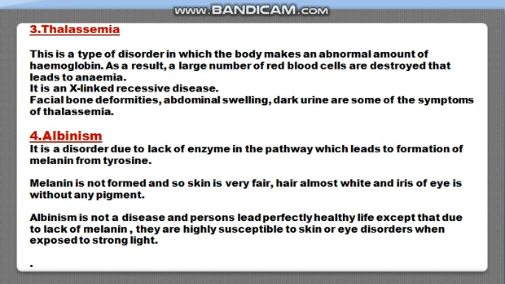It is caused due to the lack of the enzyme which leads to the formation of melanin from tyrosine, and in this disorder the person leads a healthy life, but can get skin or eye disorders very easily when exposed to strong light, and the skin is very fair in these persons, hairs are almost white, and the iris of the eye is without any pigment. So these are the different types of disorders in this category.